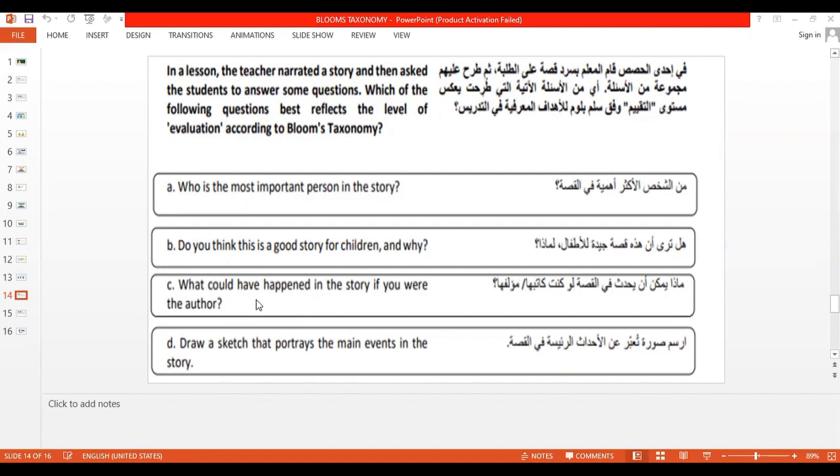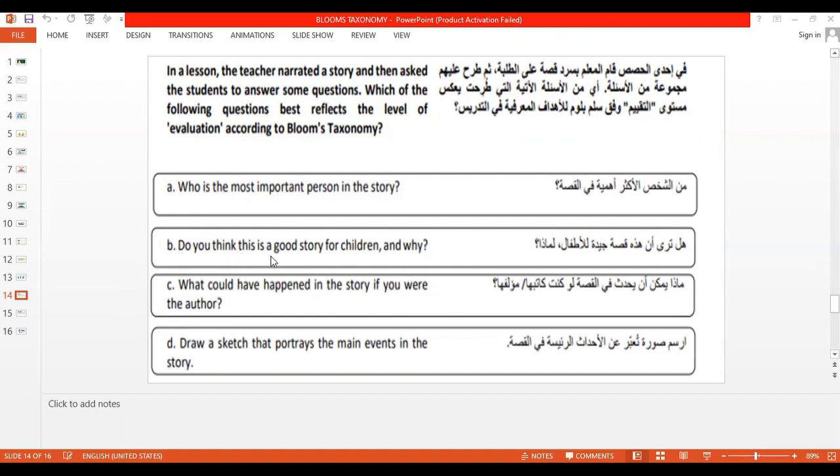Here, the story is related to a learner, and the learner will be able to relate and analyze what would have happened. So this one speaks about analysis, not judging anything in the story. So this is not the correct answer.